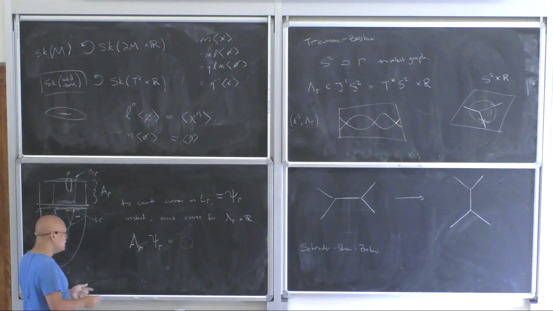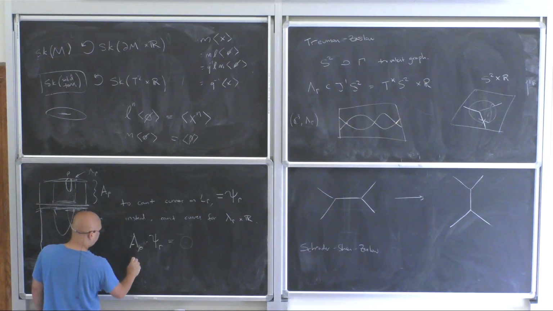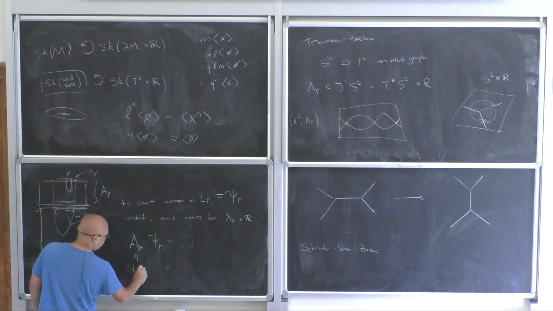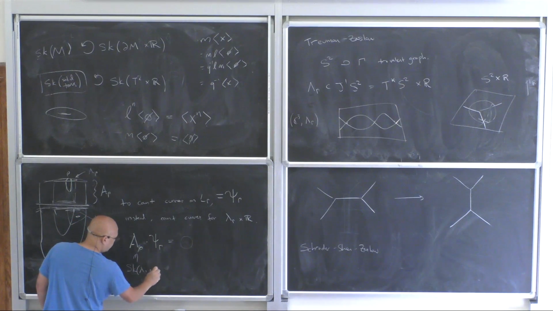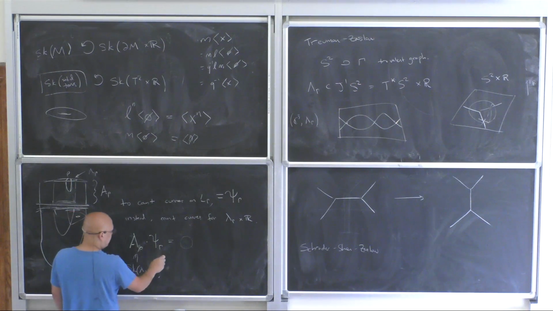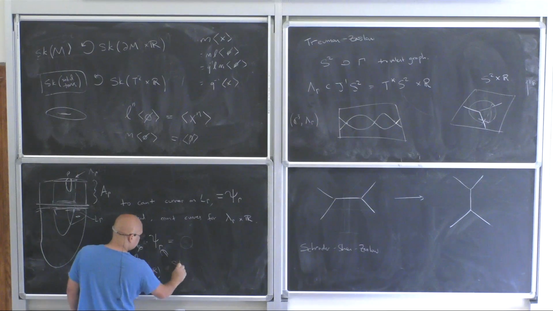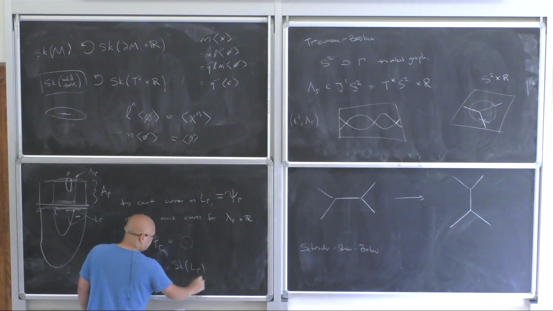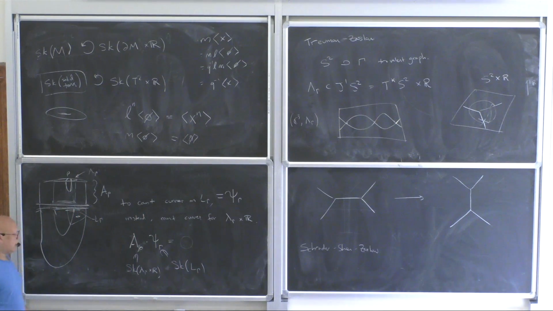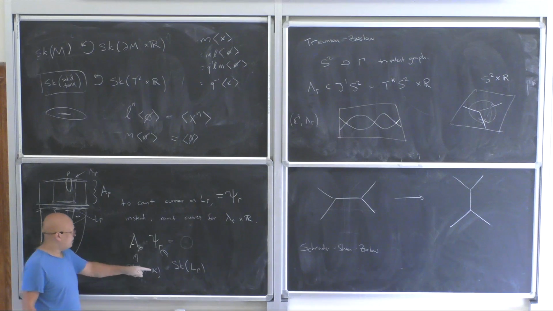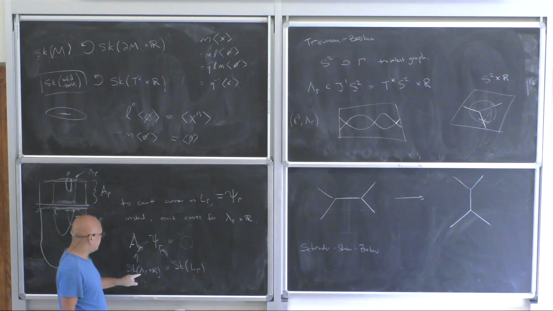And what is the meaning of this equation? Well, A rho is an element of the skein of lambda gamma times R. Remember, lambda gamma was a surface. And this thing is an element in the skein of L gamma. And so it makes sense to multiply them because the boundary of L gamma is lambda gamma.